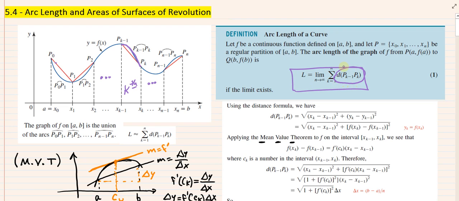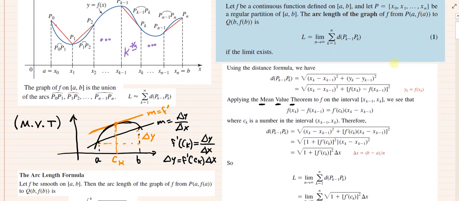Remember, that's what the straight line segments are. So d here, that's what this author uses, d of p sub k minus 1 to p sub k, means the distance from the point p sub k minus 1 to p sub k. That would be the straight line distance between them, direct distance, provided the limit exists.